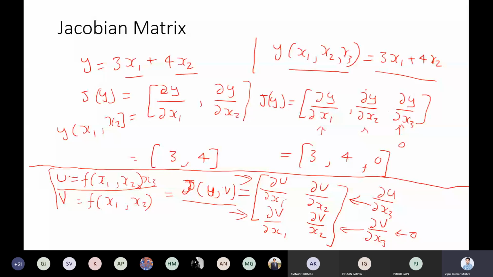But this matrix will always go, you have to differentiate with respect to all the parameters here. Getting it? Yes, sir. Great. Any doubt on this Jacobian matrix?